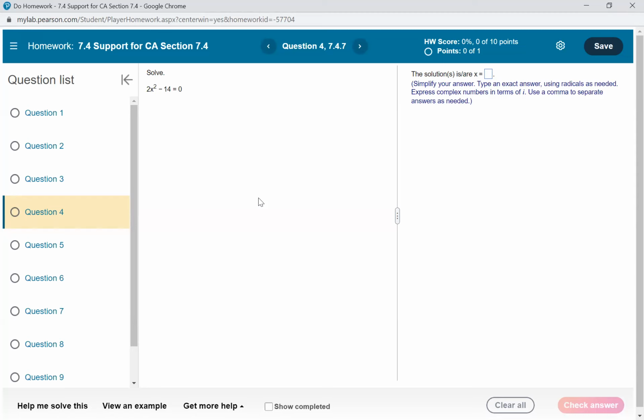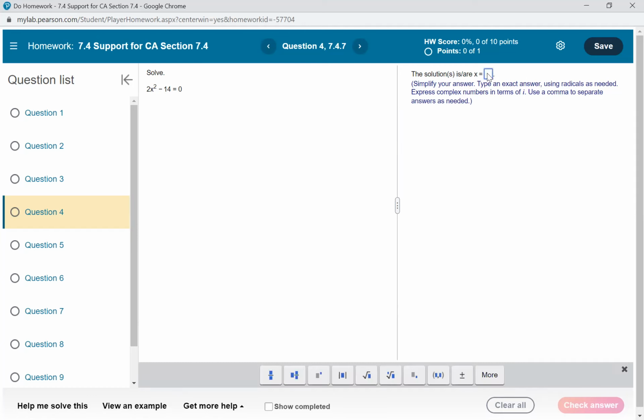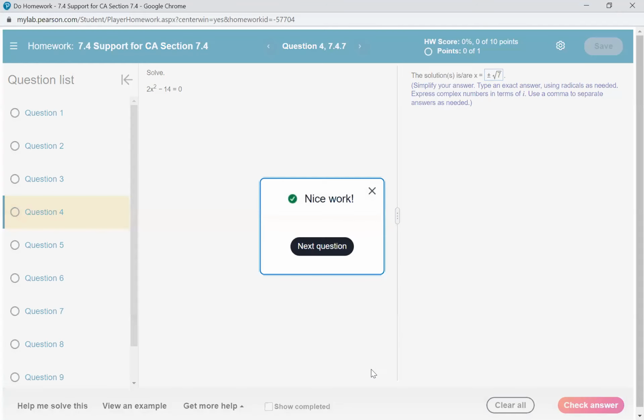Remember, that 2 on that exponent tells you you have to get 2 answers, and that's what that plus or minus is doing. So we always have to take into account that square roots can be negative or positive. On that one, I would just put in that plus or minus, grab that radical, put in my 7, and then check those answers.